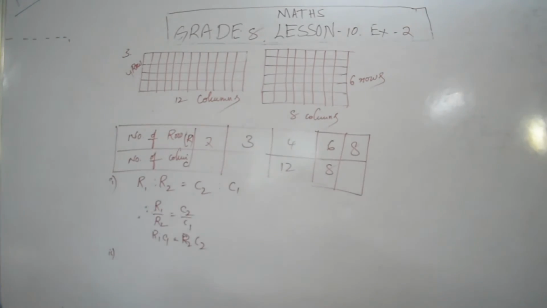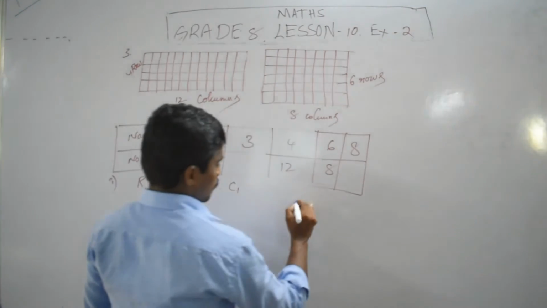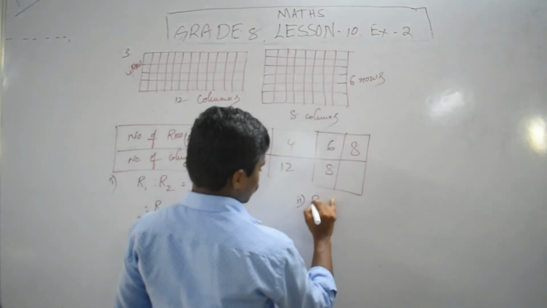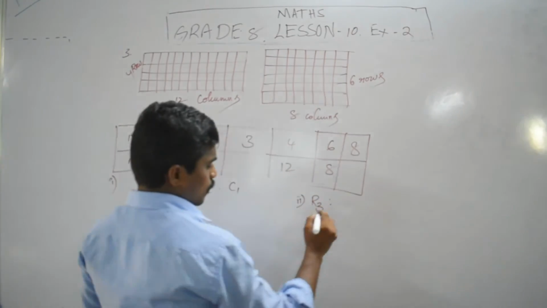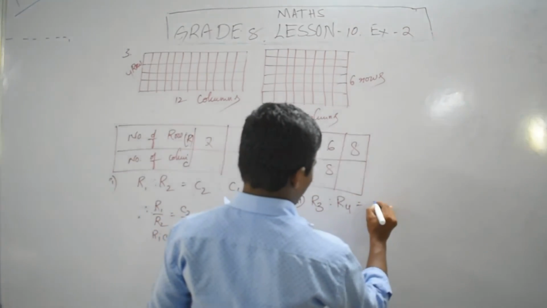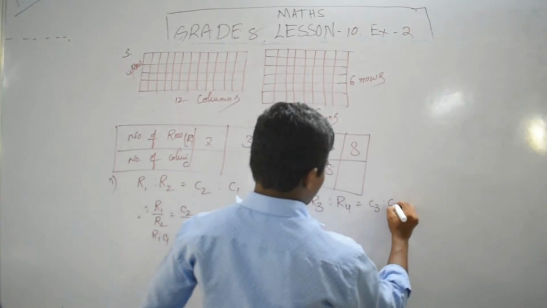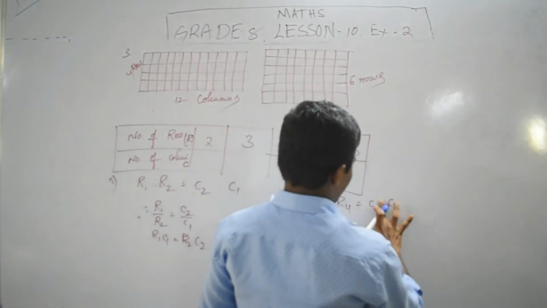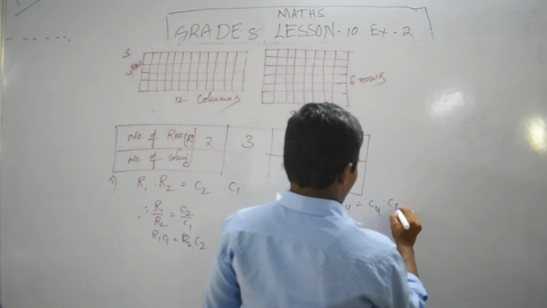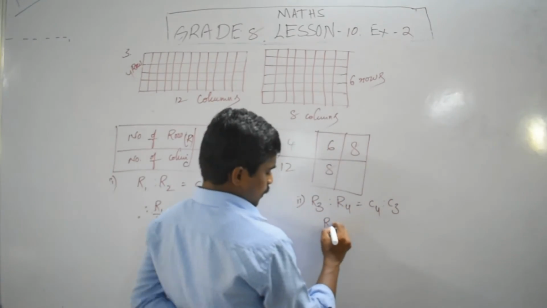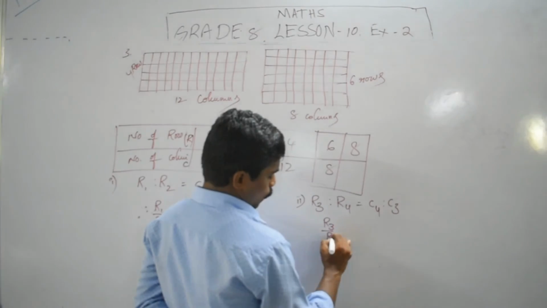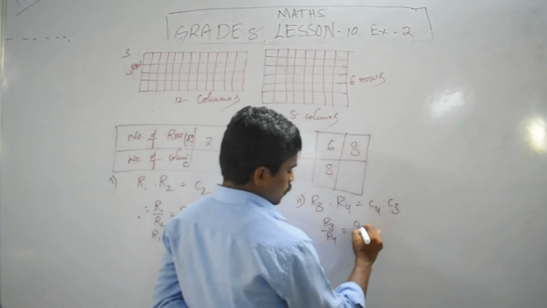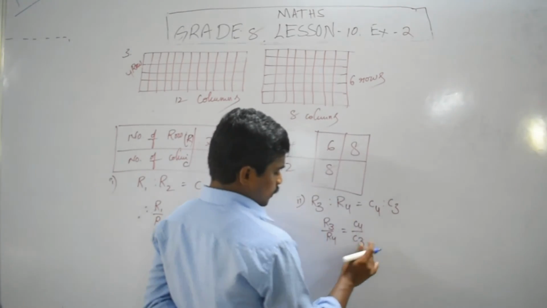Second one, R3. Ratio R3 is to R4 equal to C4 is to C3. Here R3 by R4 equal to C4 by C3.